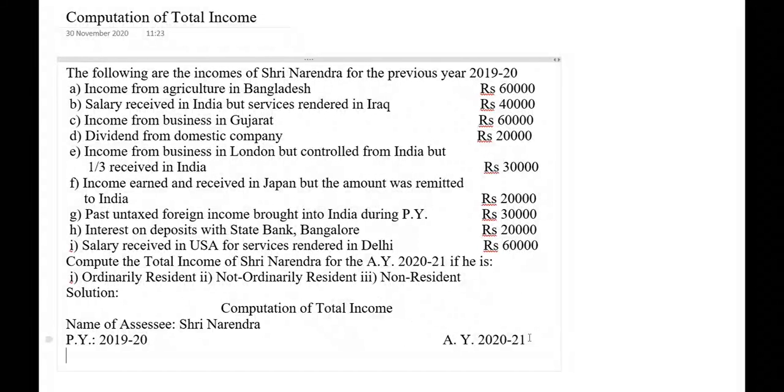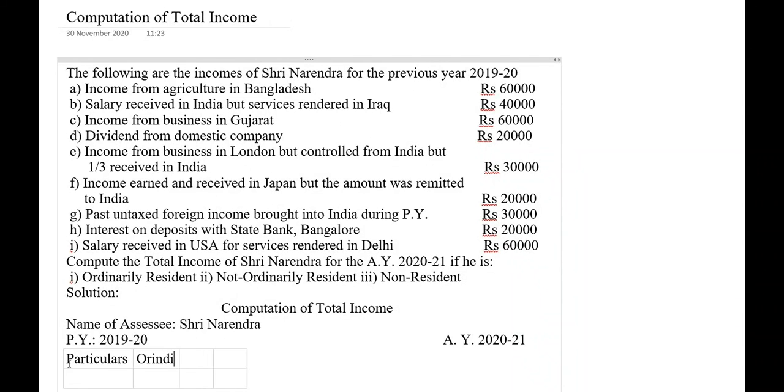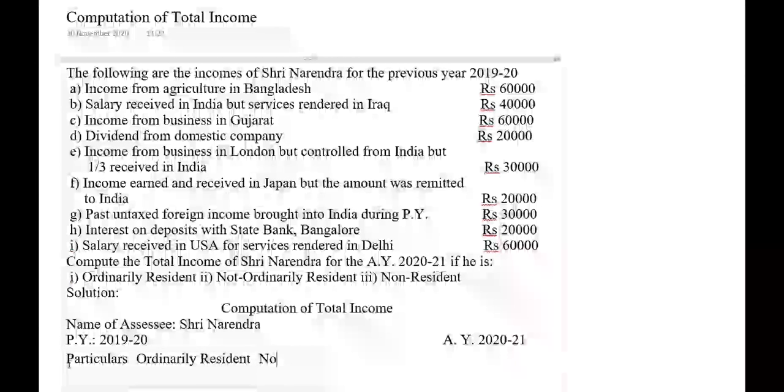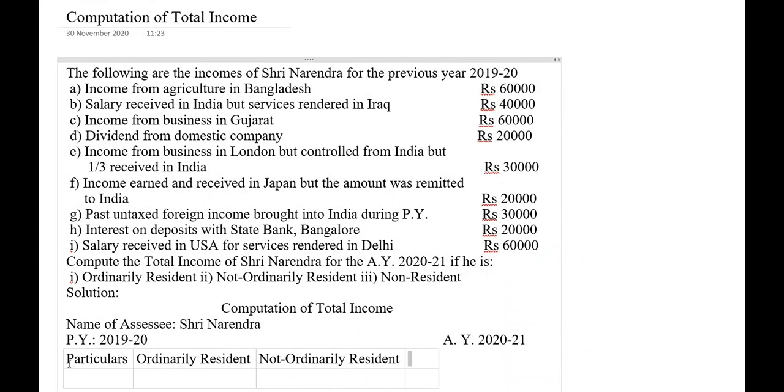The table should consist of 4 columns. Here it is particulars, next ordinarily resident, next not ordinarily resident, next non-resident.